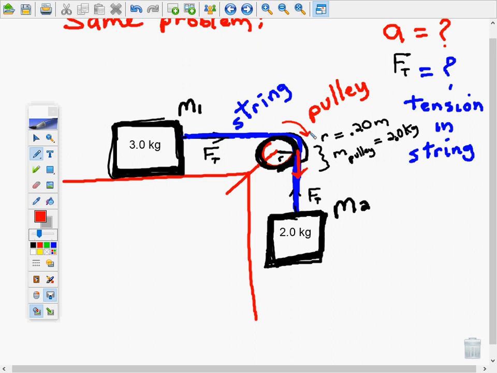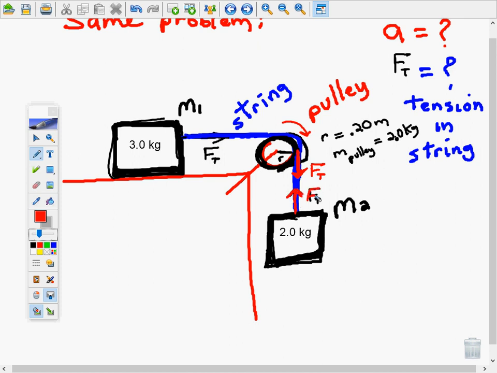So there's a tension force there, F T. And if this object right here pulls down on the string, which pulls that pulley forward, well, it can't pull the pulley down without the pulley pulling up just as hard.